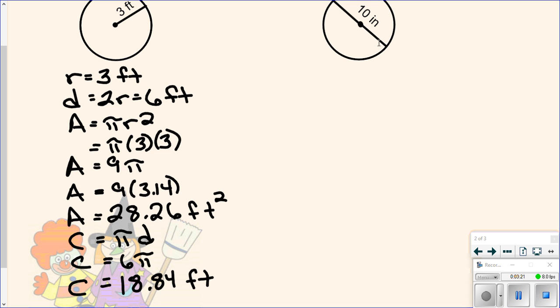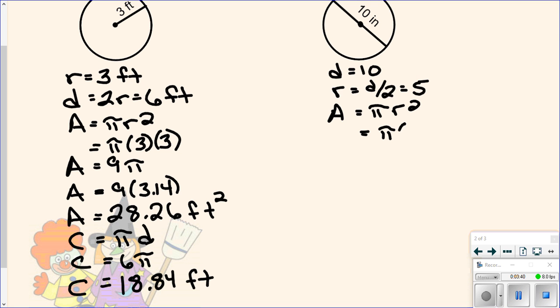All right, so let's do the same thing with this one here. They gave us the diameter this time. So the radius is just the diameter divided by 2, so that would be 5. The area is pi times radius to the second power, so that's pi times 5 times 5.